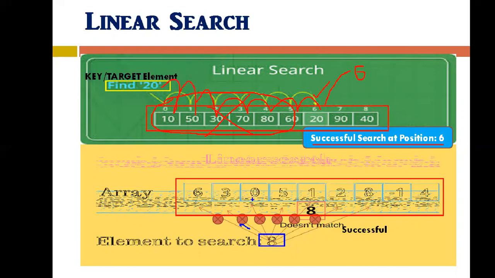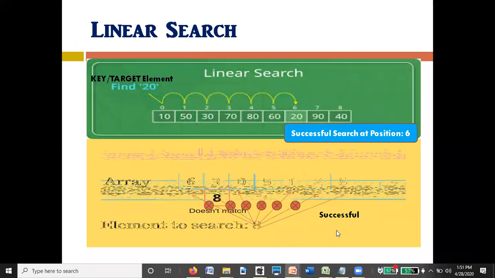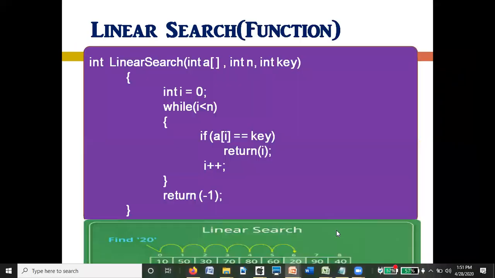So 6, 3, 0, 5, 1, 2 do not match, but this 8 matches with this element. Immediately its position, 0, 1, 2, 3, 4, 5, 6. In this case also, because of the successful search, position 6 will be returned. That is about the linear search working procedure.